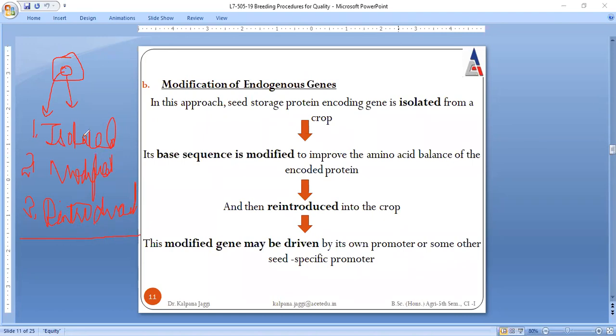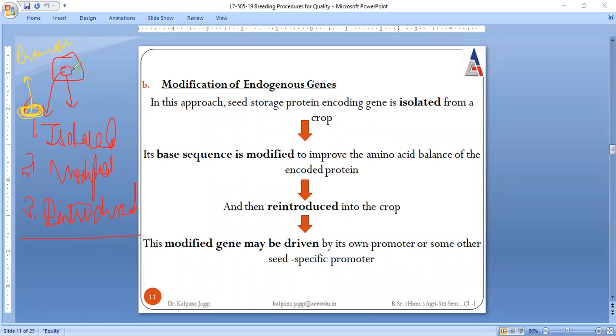Now this gene which was taken out is now a modified gene. But you know, as we discussed in the last lecture also, any gene's functionality is regulated by its particular promoter. While it was within the cell, its regulation was being controlled by a particular promoter.